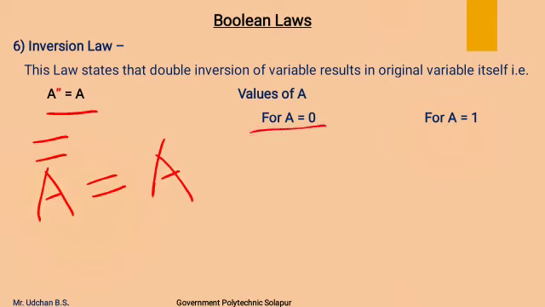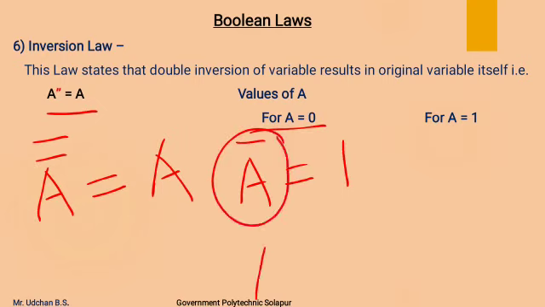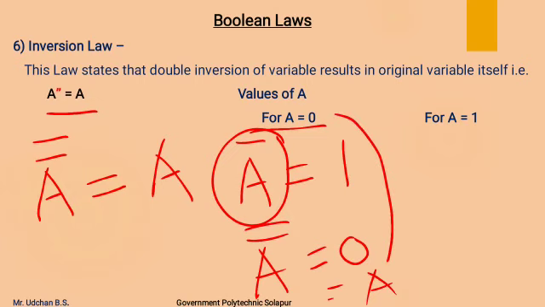For a equal to 0 we will get a complement as 1, and if we take the second complement of this, that is a double complement, it will result into 0, which is nothing but the value of a which we have considered over here.